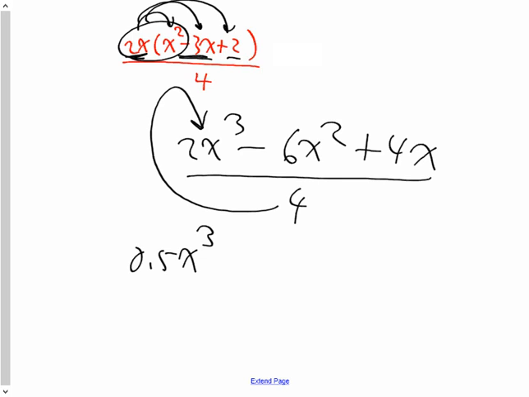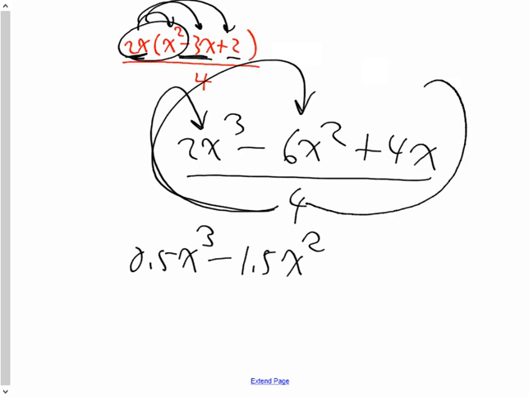Minus, what is negative 6x squared divided by 4? Negative 1.5 x squared. And finally, what is 4x divided by 4? It is just x. And as Zoe will tell you, once you get down to that spot there, you can't simplify it any further because you have a trinomial with no like terms remaining. So that's your answer.